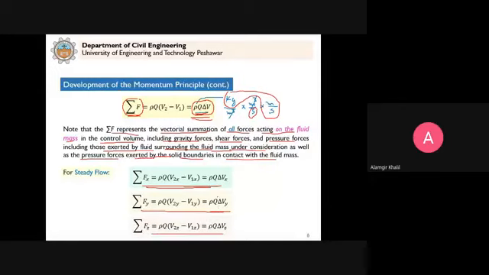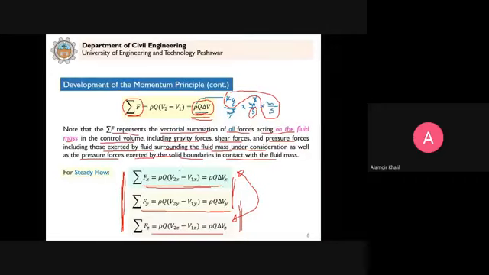If we have a two-dimensional flow, say the xy plane, you consider these two. If we have the yz plane, you consider these two. And if we have the xz plane, you consider these two equations. And if we have a three-dimensional flow, then we have to consider all three.